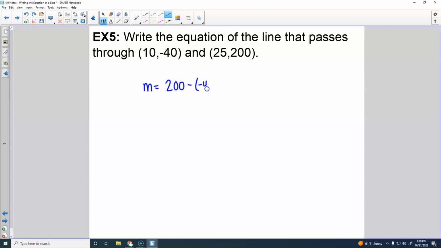Minus negative 40. Good. So that will give me 240 over 15. And I know that will reduce, I know at least 5 will go into it.